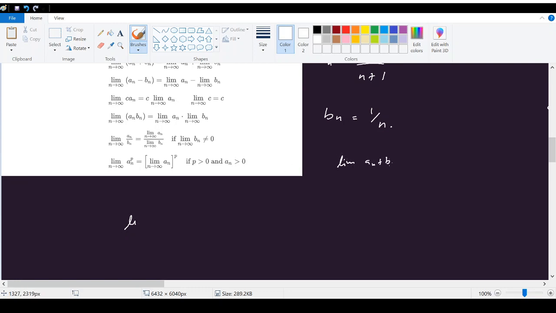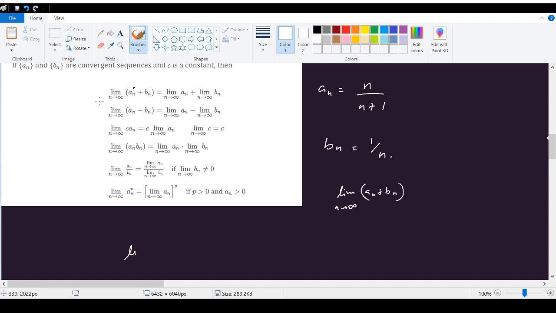an plus bn. What we can do is use this distributive property of the limit. From this property you can see that across this addition we can distribute the limit.